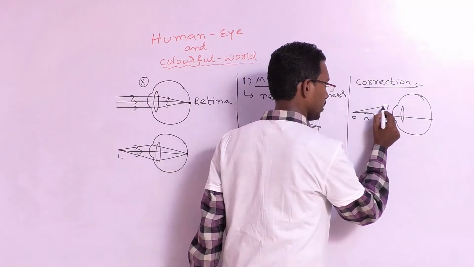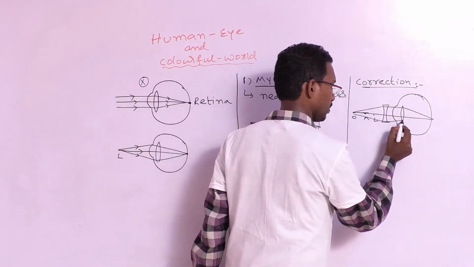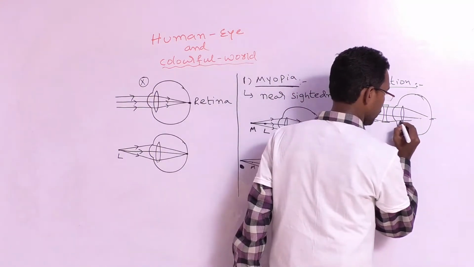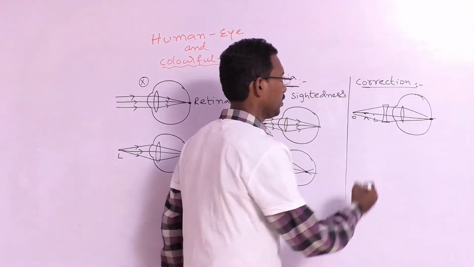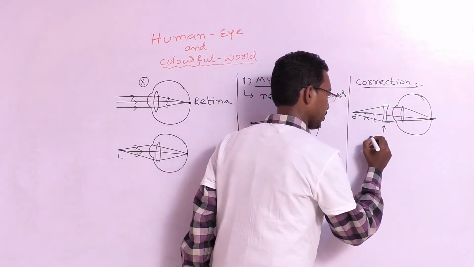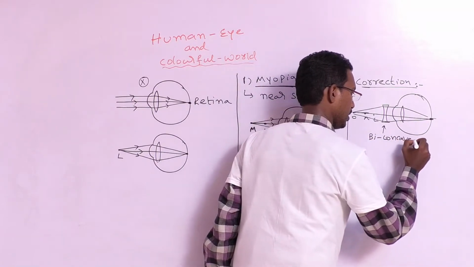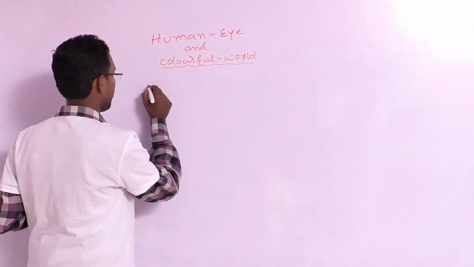So it is now possible to see an object here. So the biconcave lens is the remedy here. Okay, let us see the next defect in the eye, known as hypermetropia.